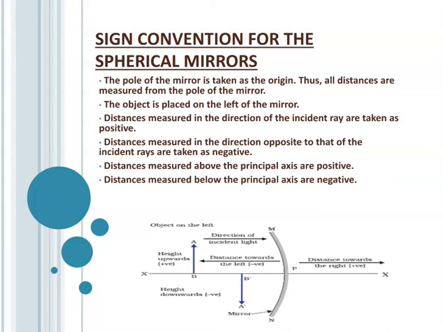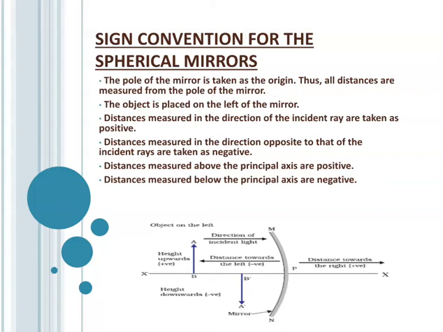For convenience, the object is placed on the left of the mirror. Thus, the incident ray is considered to travel from left to right. Distances measured in the direction of incident ray are taken as positive, that is right of the spherical mirror, either it is concave mirror or convex mirror.